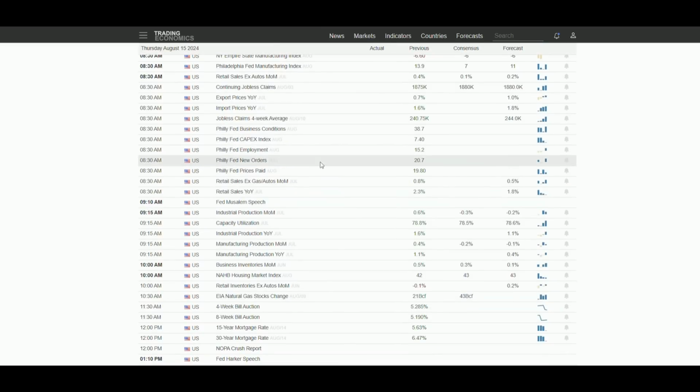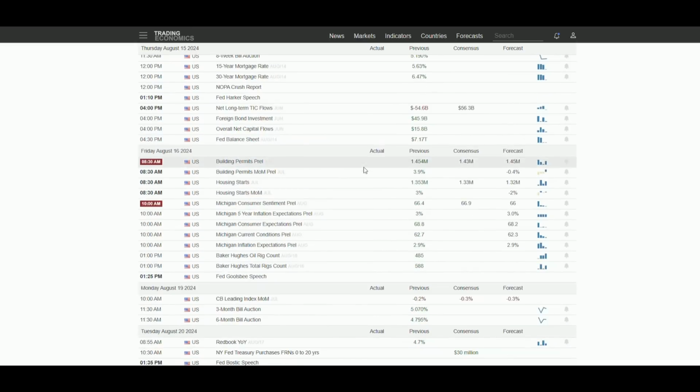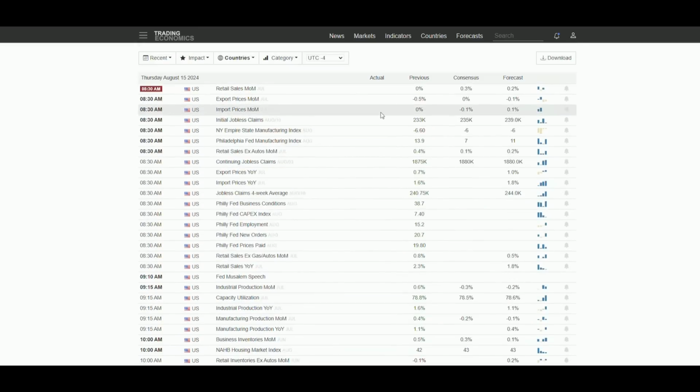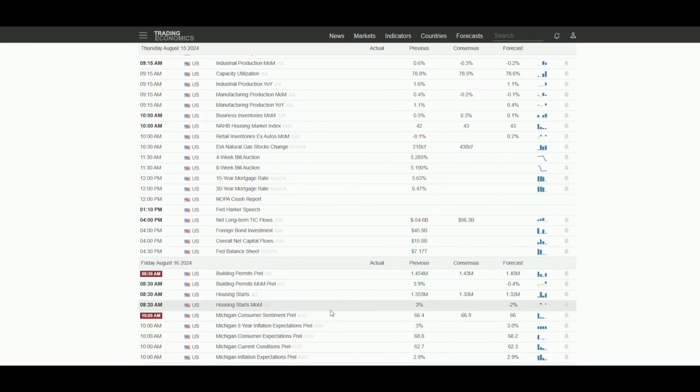After that, we have a bunch of Fed speakers, right? Fed Musalem speaking and Fed Harker speaking. Friday, we'll have Michigan consumer sentiment. Another key market sentiment indicator. So two key risks to watch. That is initial jobless claims and retail sales today, Thursday, before the market open, and tomorrow, Friday, Michigan consumer sentiment and building permits.